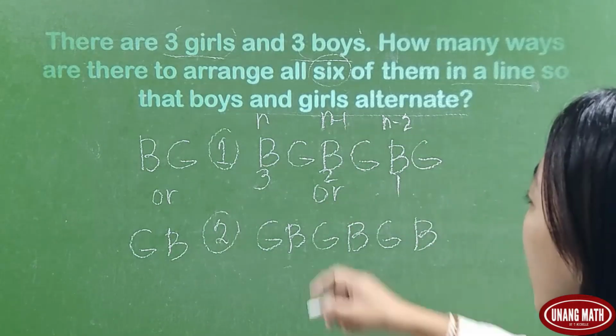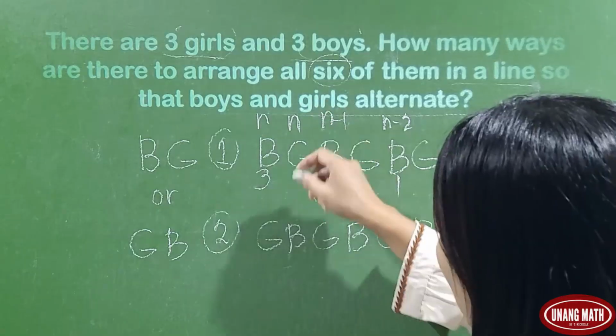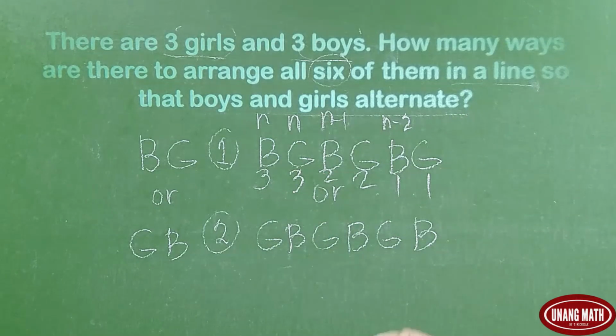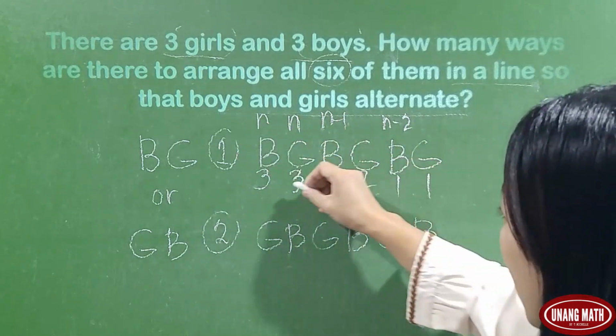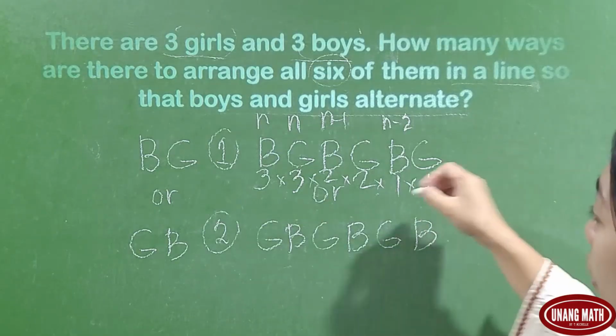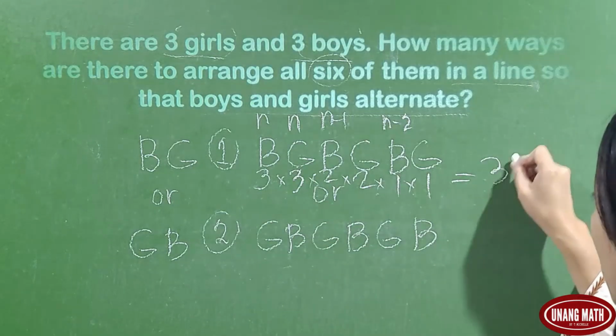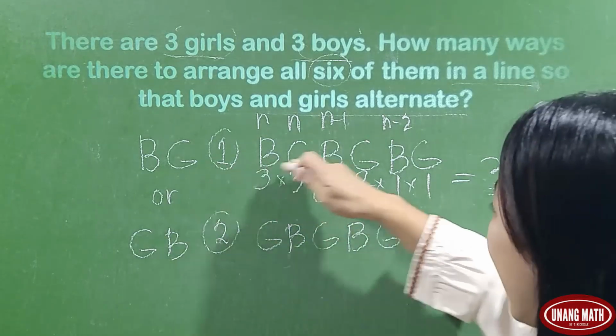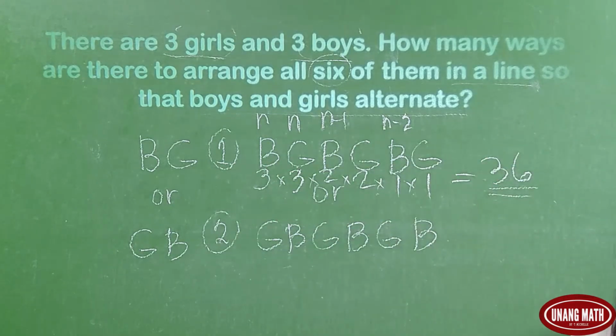This is 1. Here, the outcome also is 3. So this is 2, this is 1. And since this happens at the same time, we have to multiply these numbers. So this is now equal to 36. So 36 outcomes in this case or in this condition.